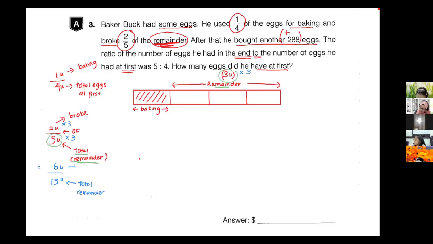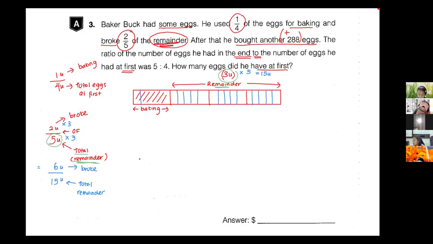So units, this will be my total remainder, and then this will be what he broke. Now, over here, 15 units is my total remainder. But if you look at the model, we have to break up each part of the remainder into 5 equal parts. So I cut 1, 2, 3, 4, 5.